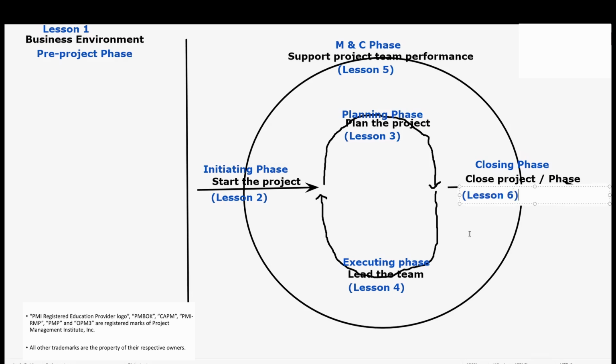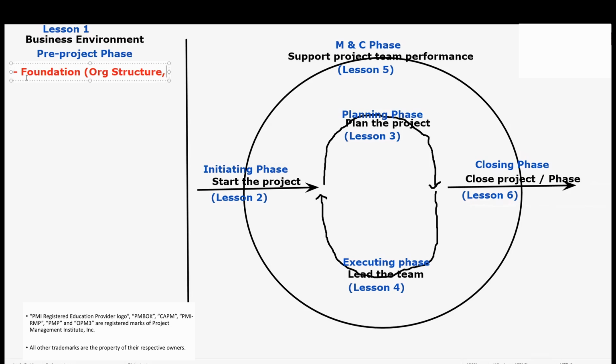All right. So when we say we are in the pre-project phase, which is the business environment, we are going to evaluate the foundational information. When you say foundational information, we need to be aware of what is the organizational structure. This is where we spoke about whether it is a matrix organization or a functional organization or a projectized organization.